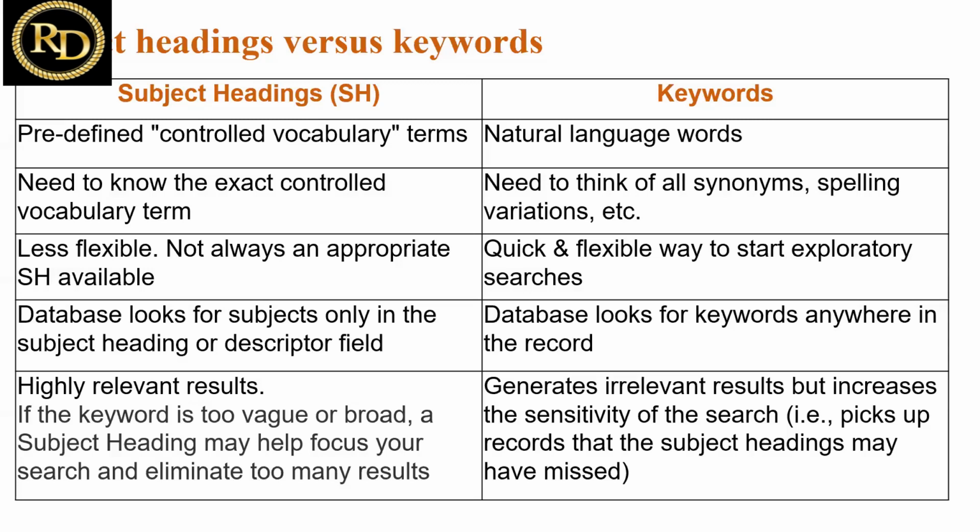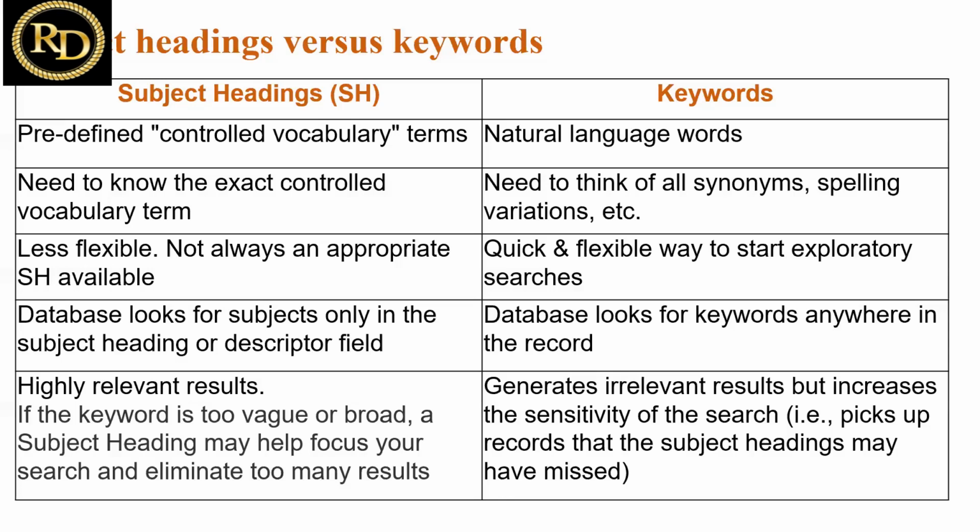So subject headings give more relevant results. Keywords give more irrelevant results, but increase the sensitivity of the search. So to reduce bias and get a larger number of relevant studies, we need to use both keywords as well as subject headings.